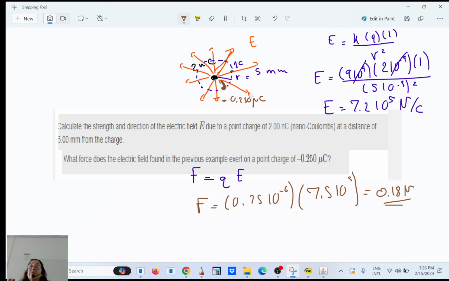So if the electric field is this way, the force will be in the opposite way. If you have two vectors A and B, and A equals minus B, it just means if A is this way, B will be the opposite. It's a good question because actually these are vectors.